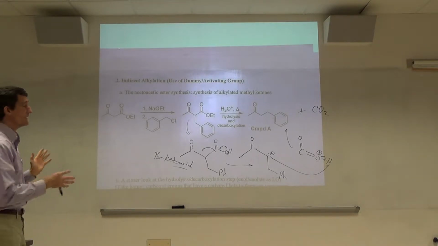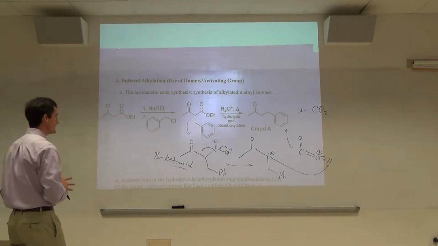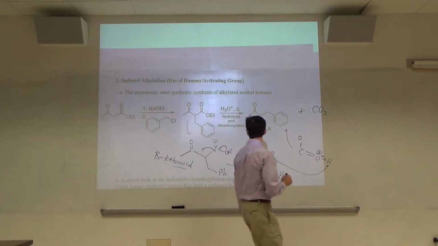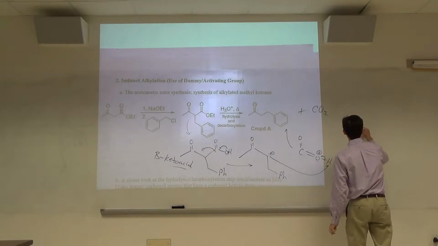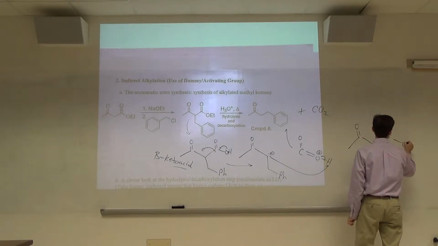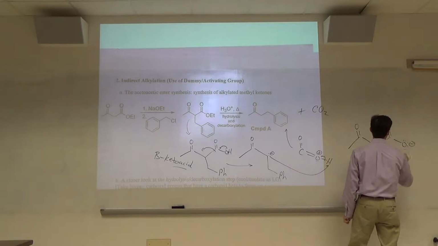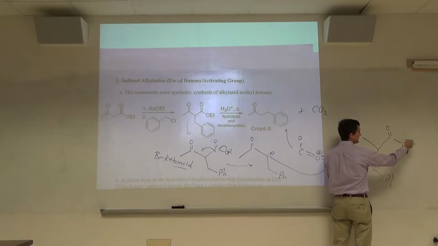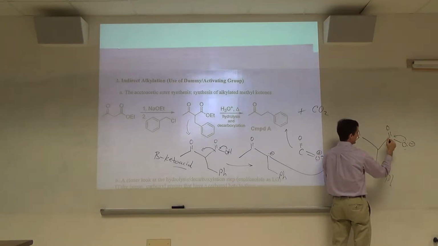Or enol. Now again, this is under acidic conditions. Under basic conditions, it'd be easier to show, because under basic conditions, well, it's just as easy to show, but it's more correct. Because under basic conditions, you can have an anion, and that's a stronger sort of push off.